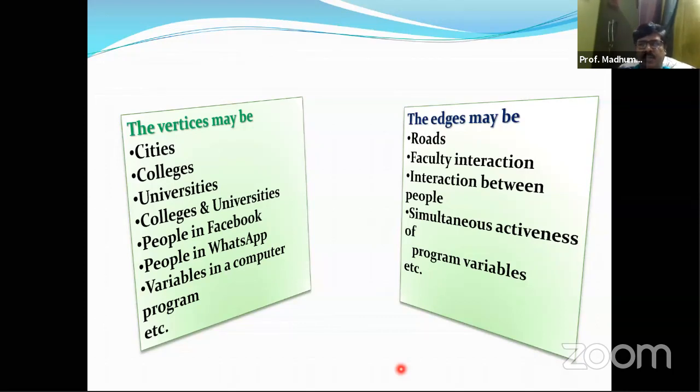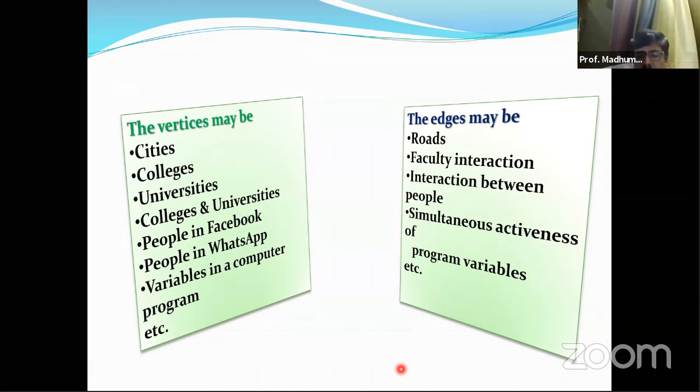And by solving the graph coloring problem, we can find out the minimum number of registers required to execute a particular program. So graph coloring may be used to solve the register allocation problem. This is a very famous problem used in computer design or computer architecture.